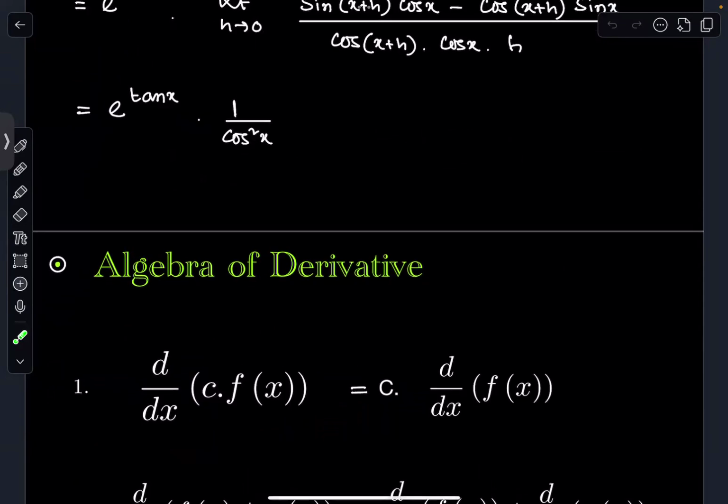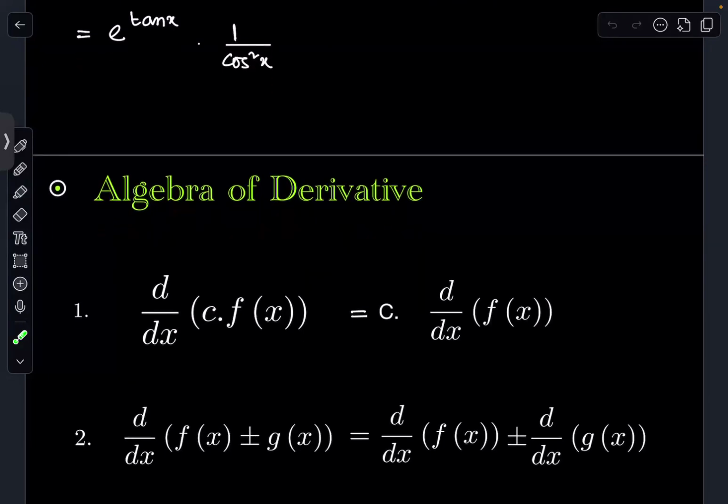Algebra of derivative, the first point says that differentiation is commutative with constant multiplication. So the left hand side shows a constant multiplication of a function when differentiated with respect to x gives you the same result as when you are firstly differentiating the function and then multiplying c.